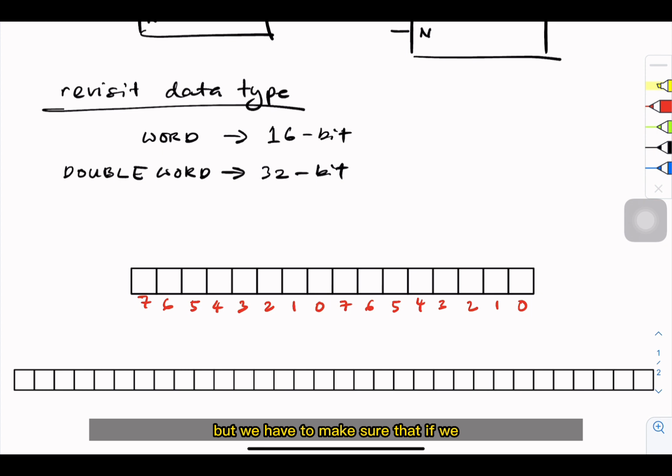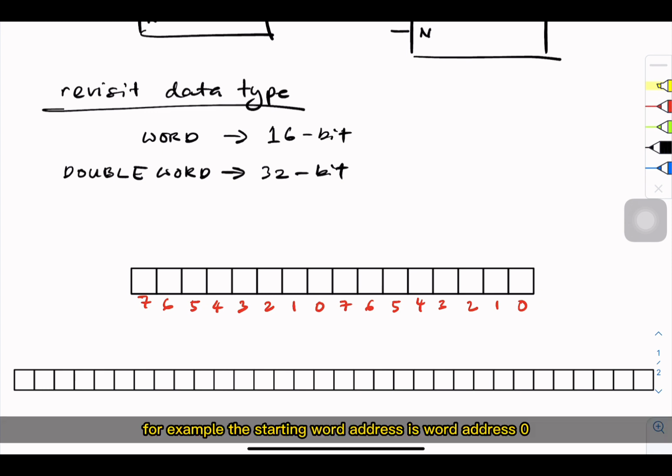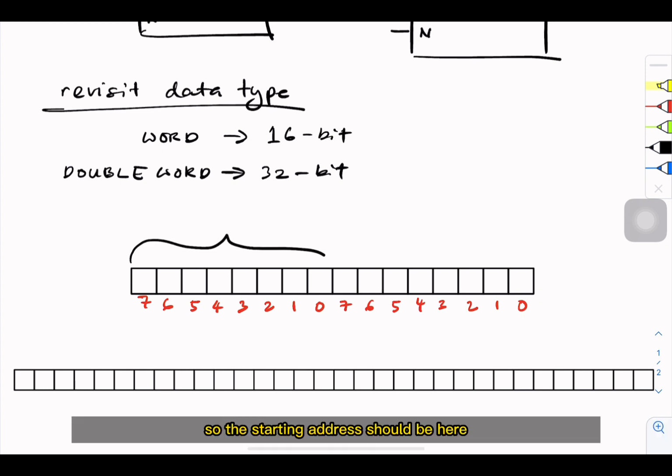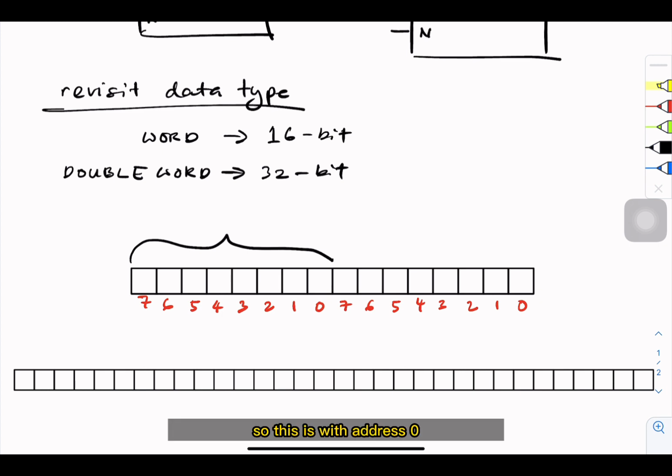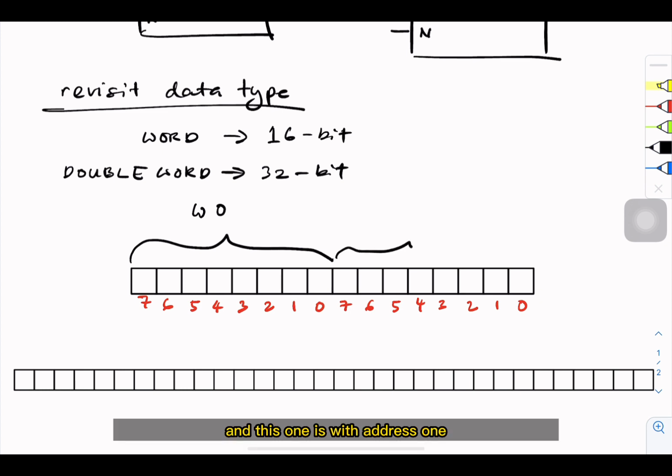But we have to make sure that we have the starting address, for example the starting word address, which is word address 0. So the starting address should be here. This is word address 0, and this one is word address 1.